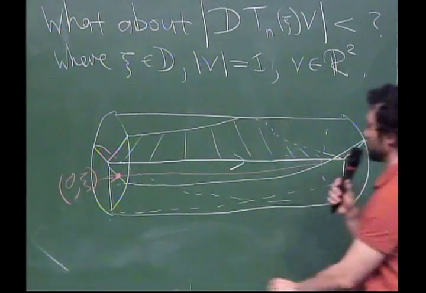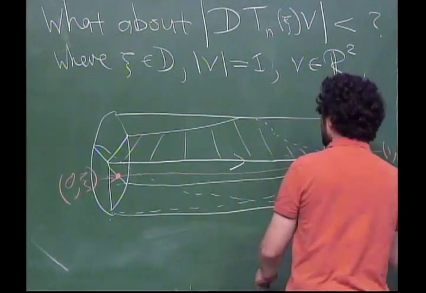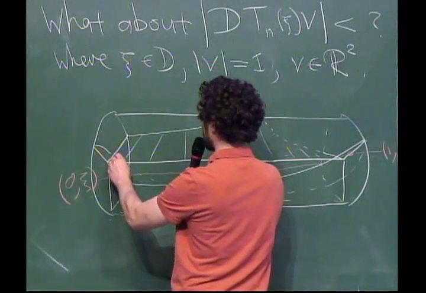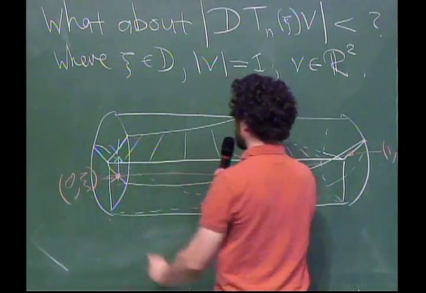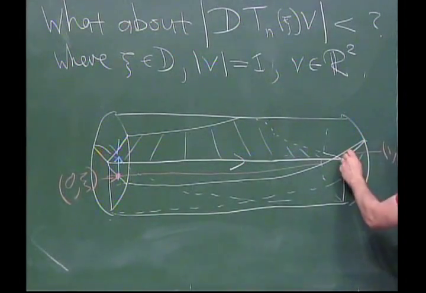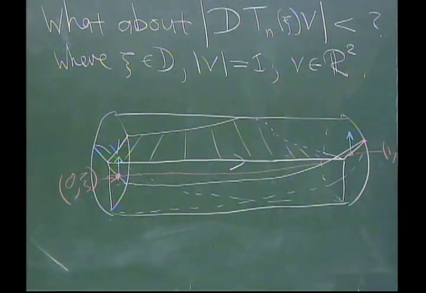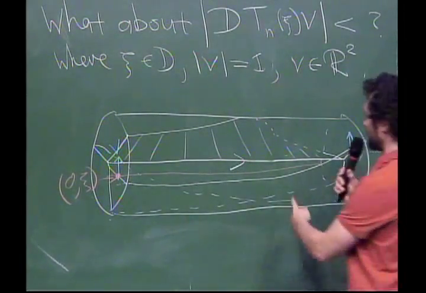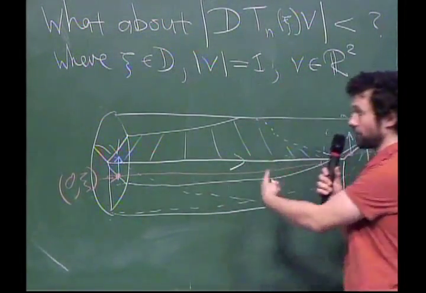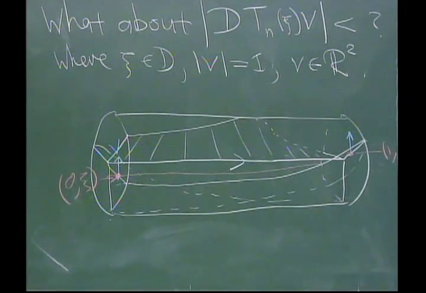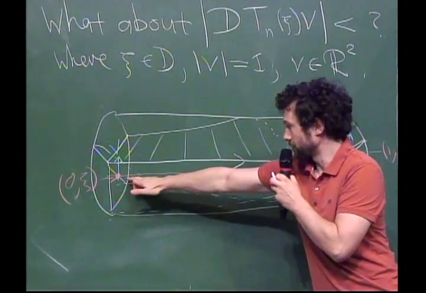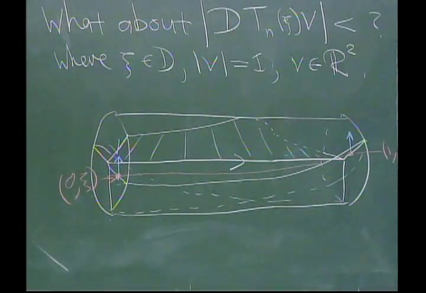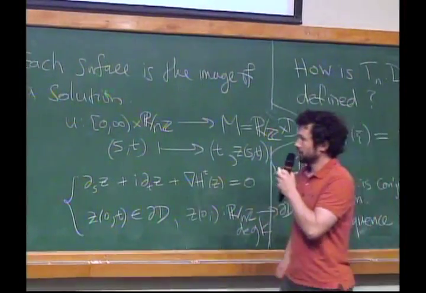So here is v, some vector here, and we're looking for some vector here that will be the image of this. And unsurprisingly, this is given by looking at the linearized PDE. So you linearize this equation about this particular leaf.